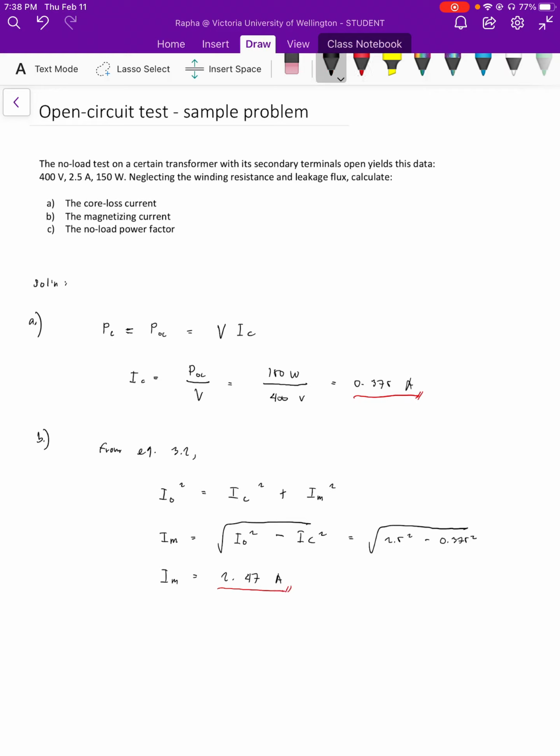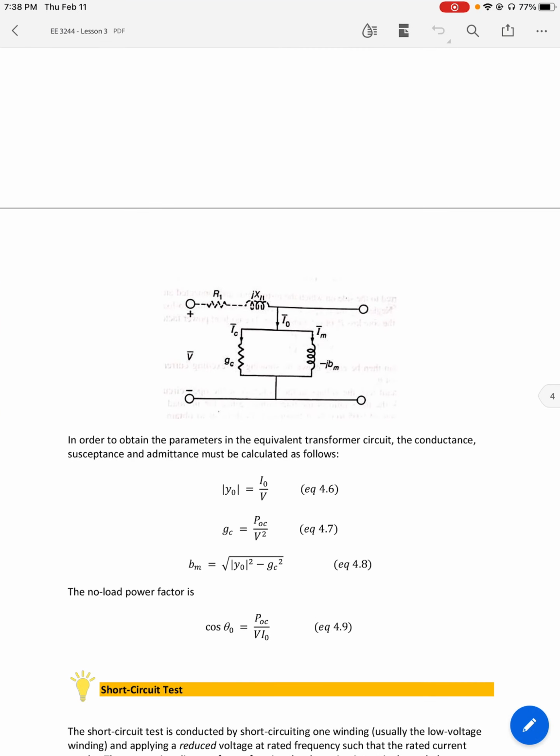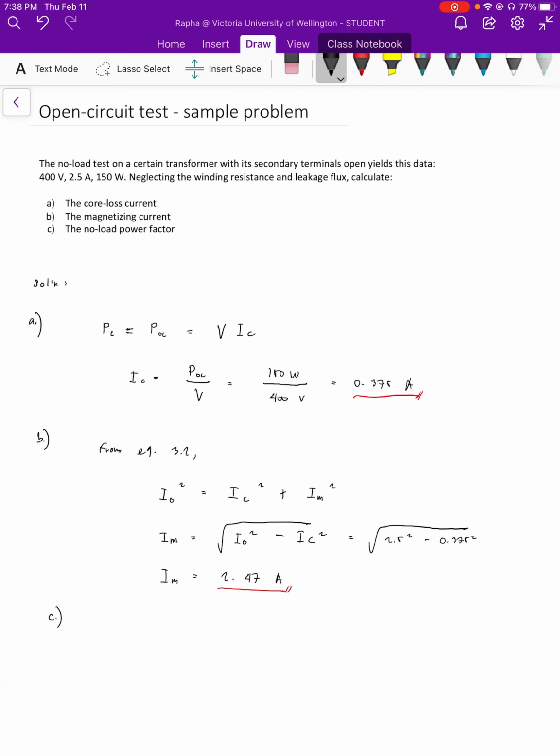And then our letter C, our no load power factor, na siya dari sa equation 4.9 nato. We have power factor is equal to cosine theta is equal to open circuit power POC divided by voltage and no load current.